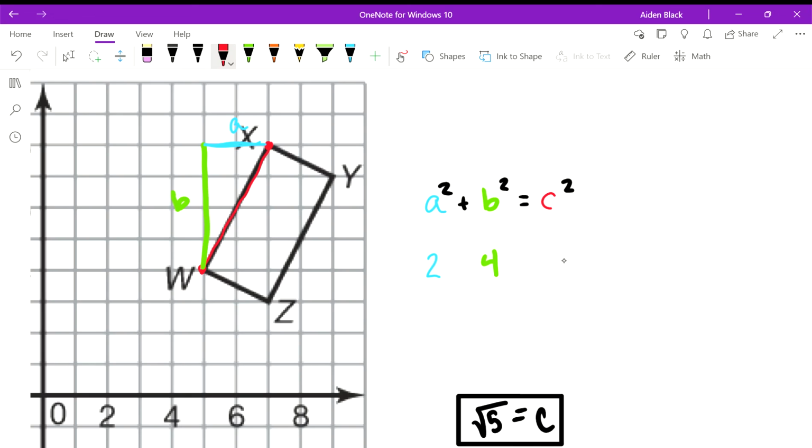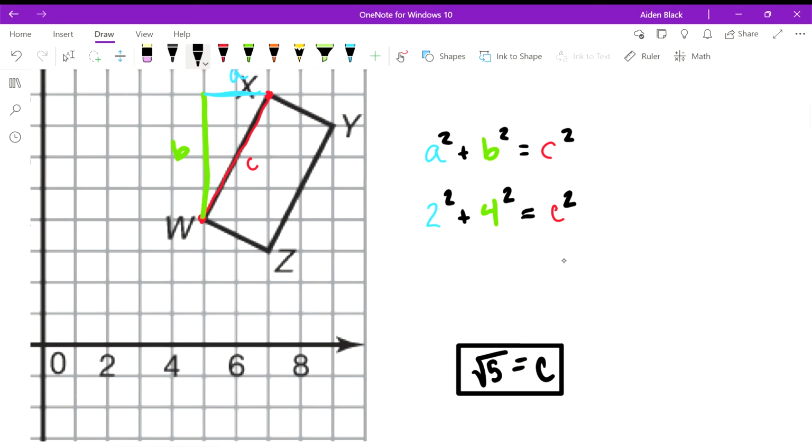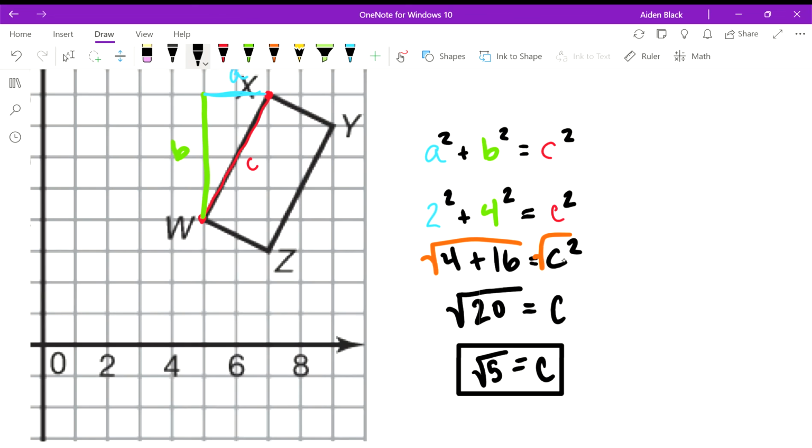So if we wanted to find the length of the hypotenuse of this triangle, we could say 2 squared plus 4 squared equals C squared. 2 squared is 4, 4 squared is 16, and this all equals C squared. Again, if we take the square root of both sides, we get C is equal to the square root of 20.